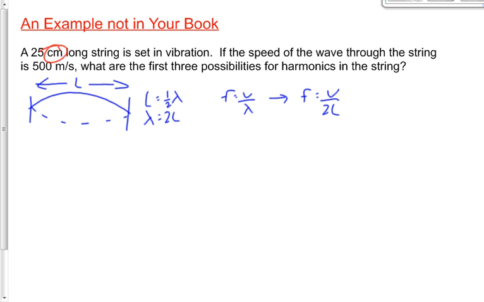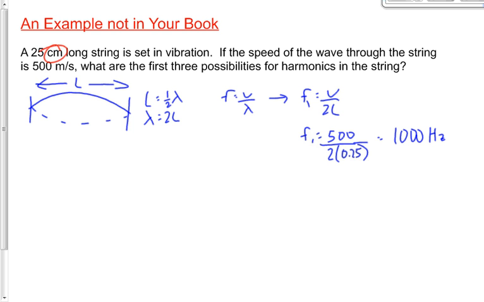This is the first harmonic, the first standing wave, the first resonant frequency that would be produced. Its value is the speed of the wave, 500, divided by 2 times the length of 0.25 meters, which gives me 1,000 hertz.